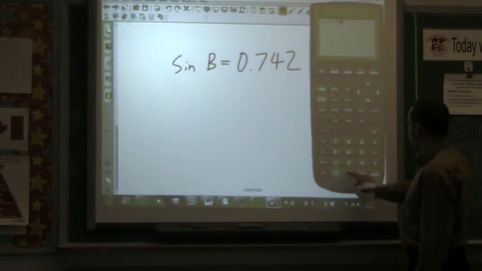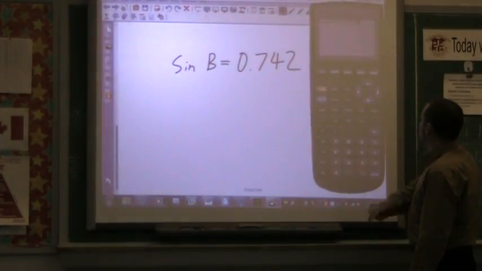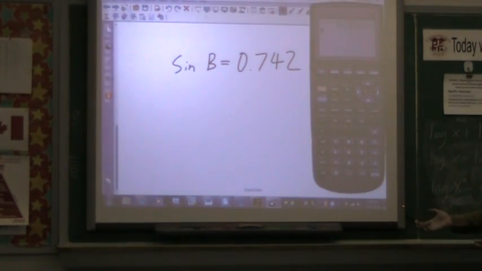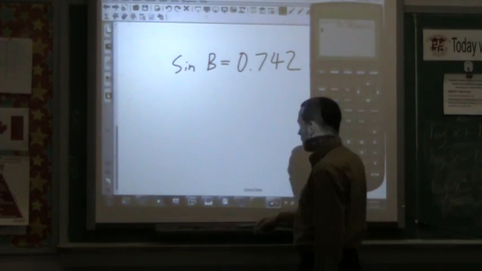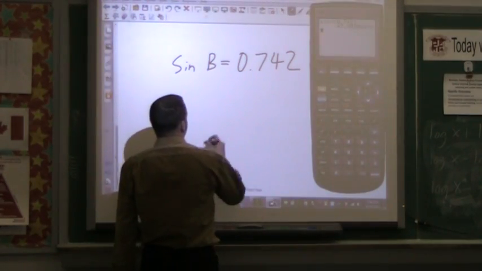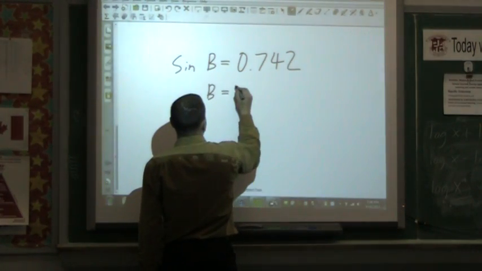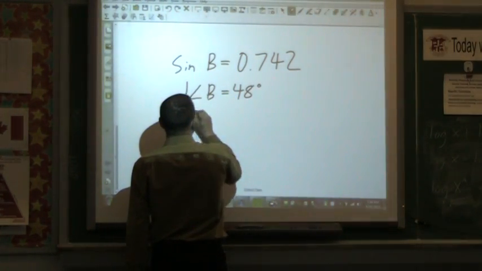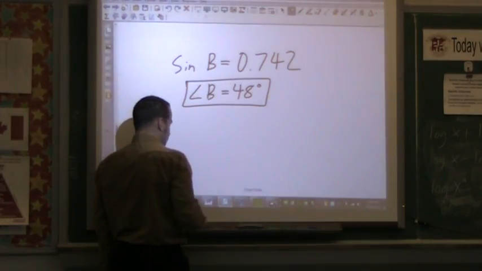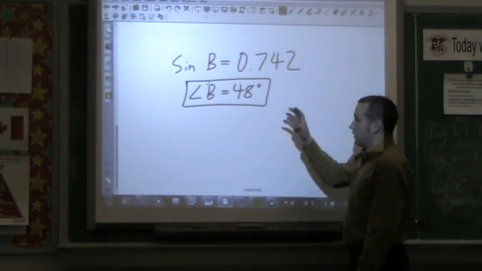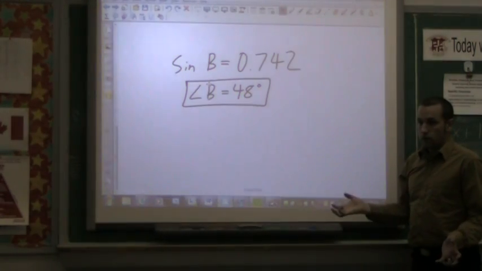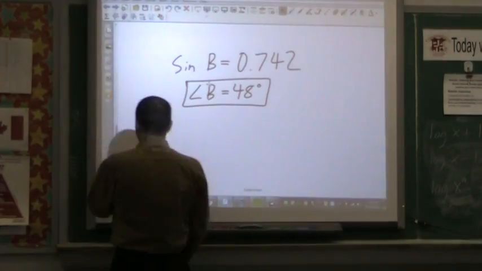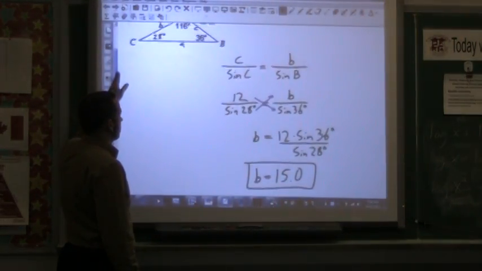You put in your 0.742, close the bracket, hit enter, and it tells me that was a 48-degree angle. So angle B equals 48 degrees. That's just a real quick demo if instead you're solving for the angle rather than the side. So that's your basic sine law.